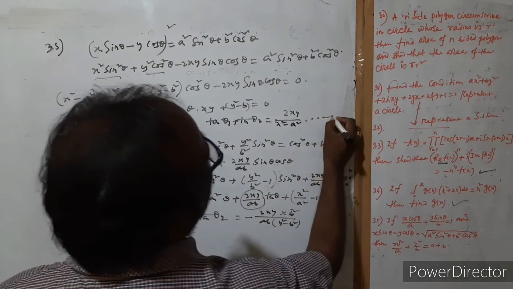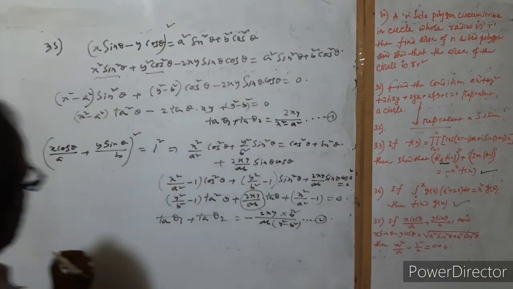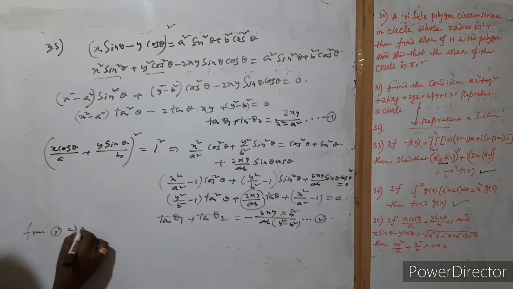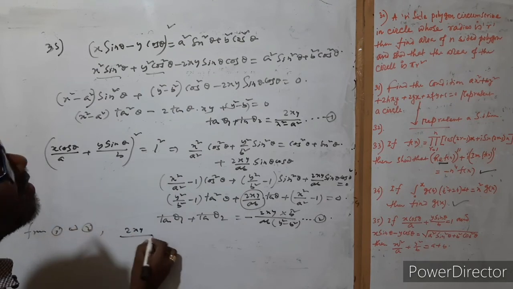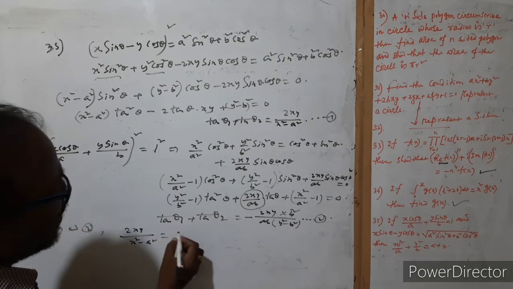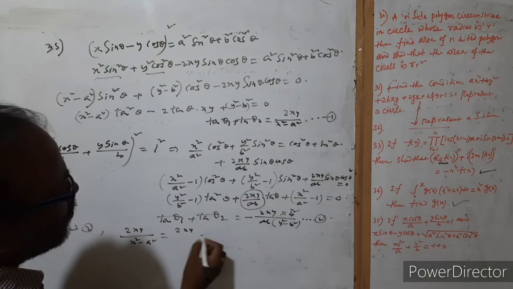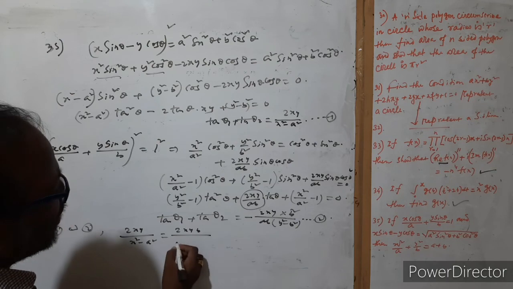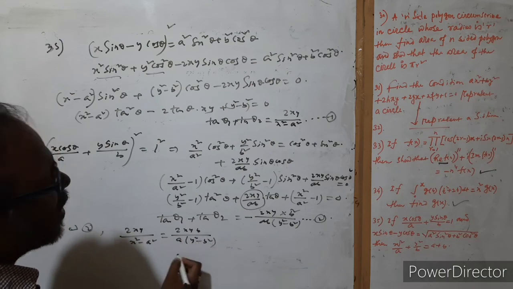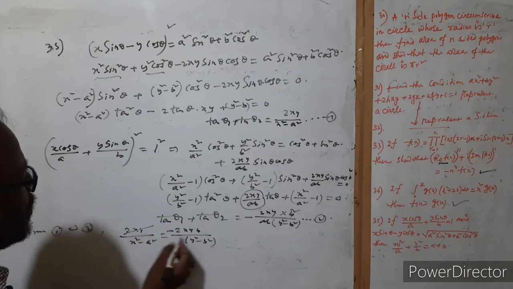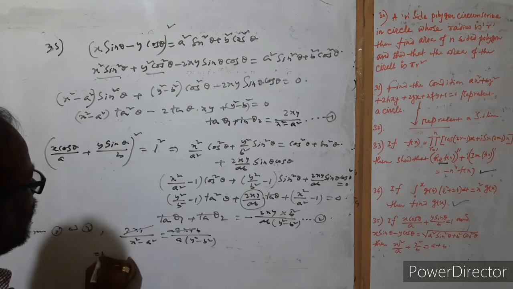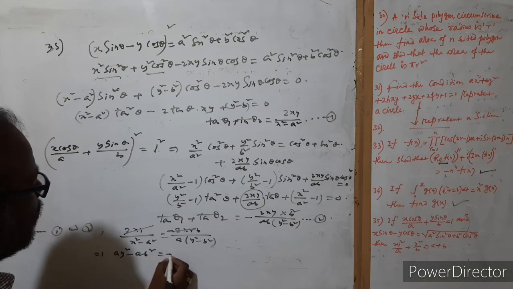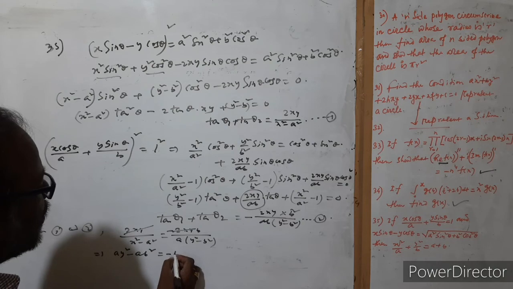From 1 and 2, from 1 and 2 we get here twice xy by x square minus a square, and that is equal to twice xy by ab, the twos cancelled, so b by a, y square minus b square, and so on. So twice xy cancelled, so this is a multiplied by that, a y square minus a b square, b are left, b x square minus a square b.